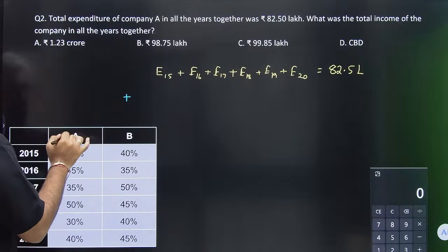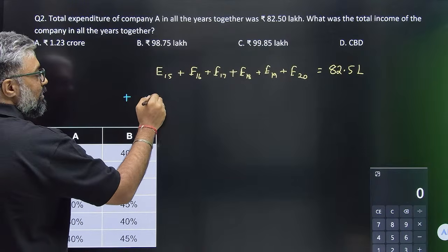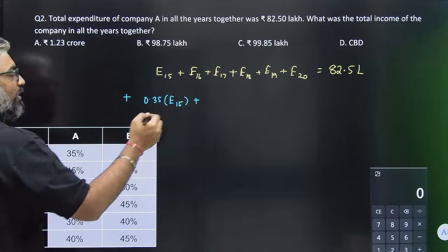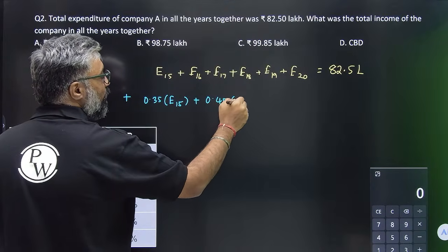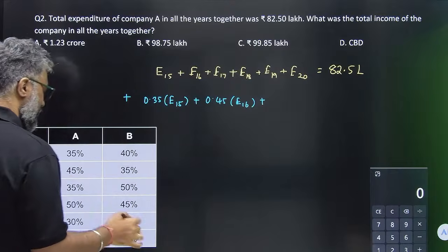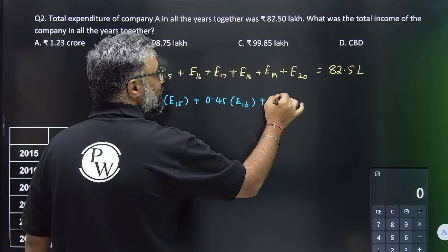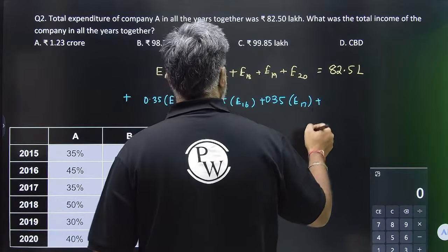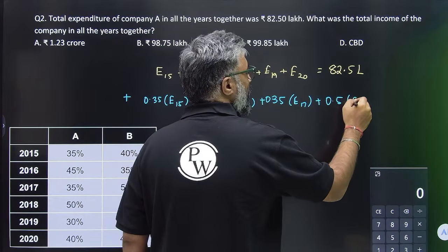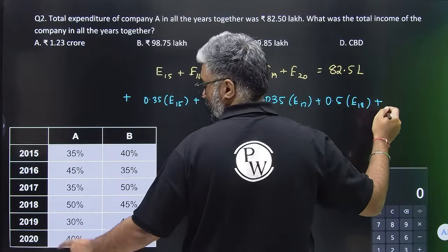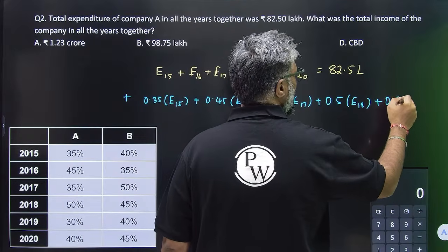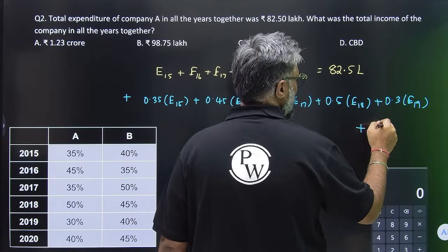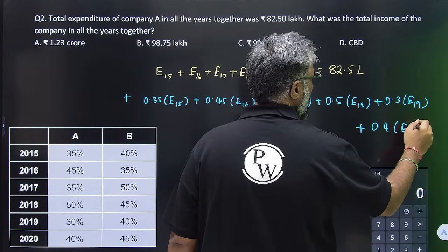So what is profit? In the first year, it was 35%. So that's 0.35 of expenditure of 15 plus, this was 45%, 0.45 of expenditure of the year 16 plus 35% of E17 plus 50% of E18 plus 30% of E19 plus 40% of E20.